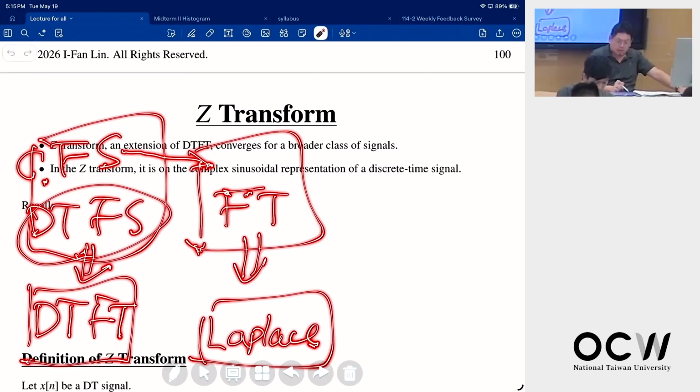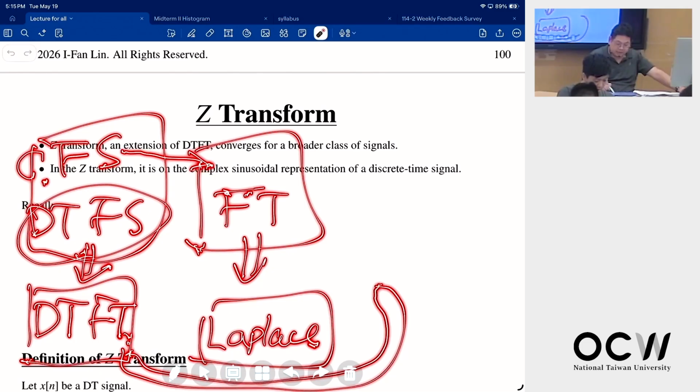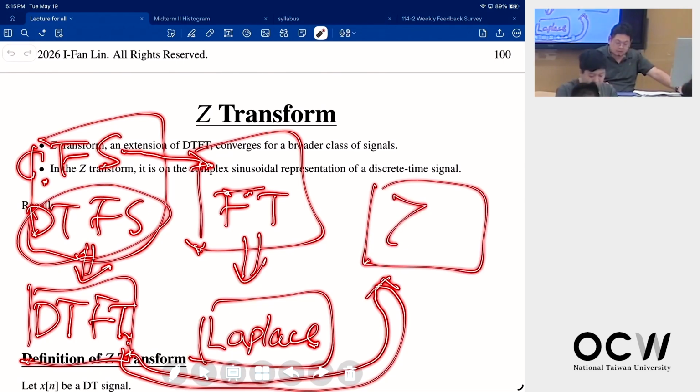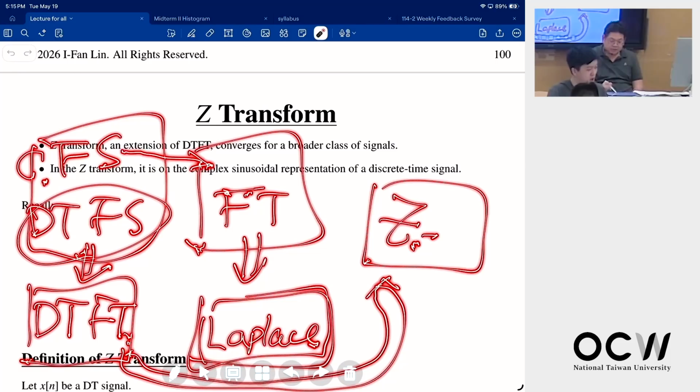And now the discrete time Fourier transform, I can extend to the Z transform. The Z transform is the generalization of the discrete time Fourier transform. And if you learn Laplace transform well, you just apply everything to Z transform. It's parallel, quite similar. So once you know the Laplace transform, you just change that to the discrete case, then there'll be a Z transform. Okay.